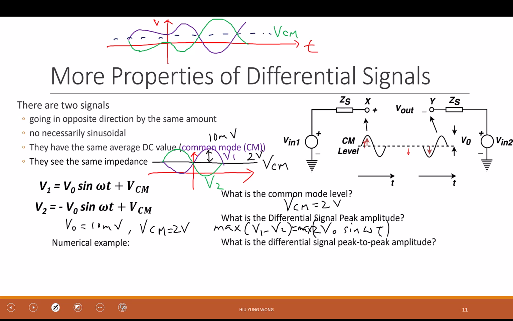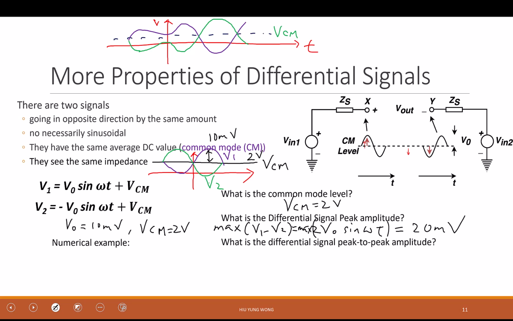You see that because I do this subtraction, VCM is cancelled. I really don't care what VCM you have because I'm doing differential. Even if your VCM is not constant, and is fluctuating due to noise, it's not affecting my signal. I only see 2V0 times sine omega t. And what is the peak magnitude? 20 millivolts.